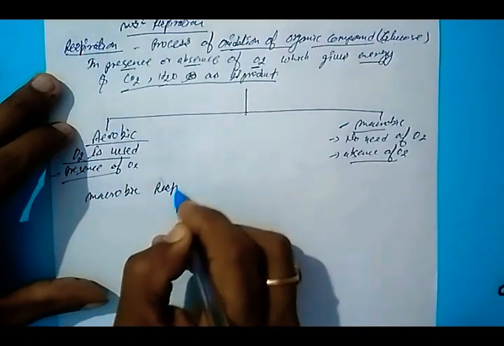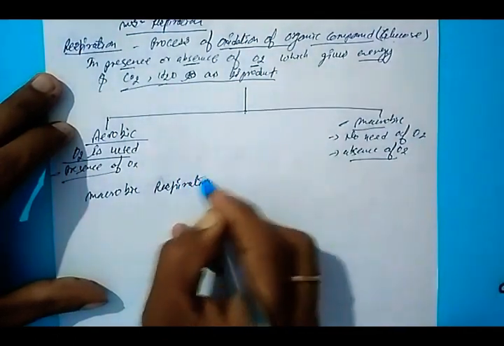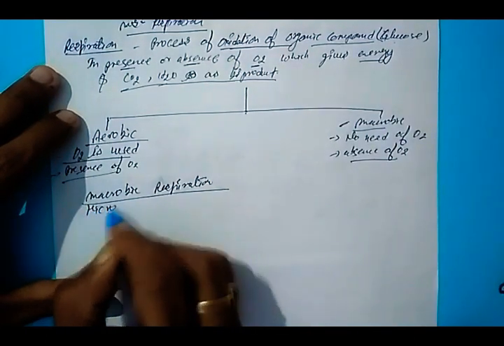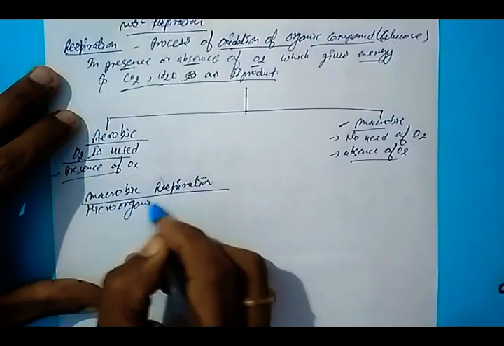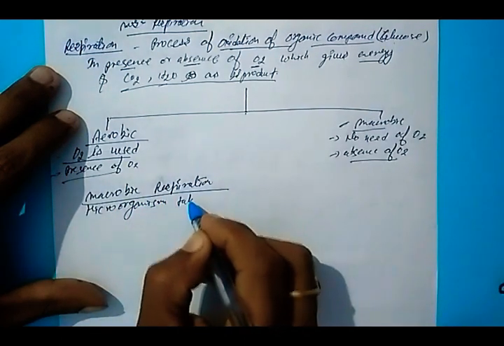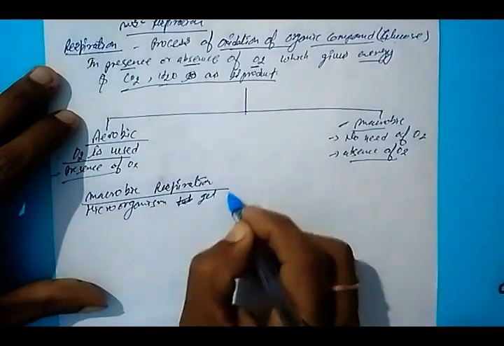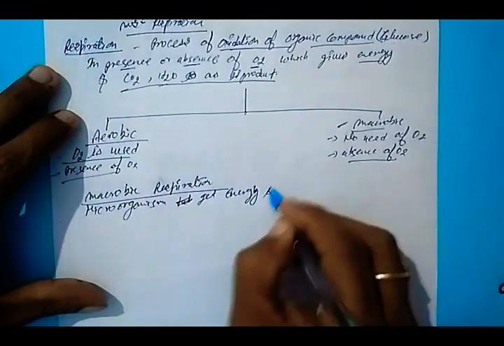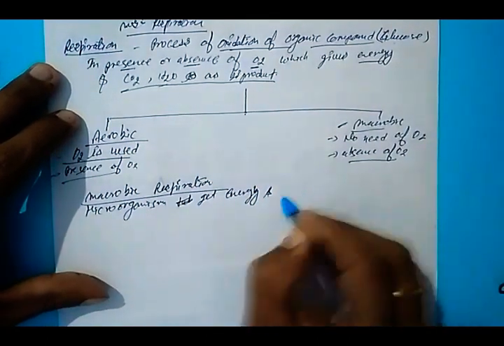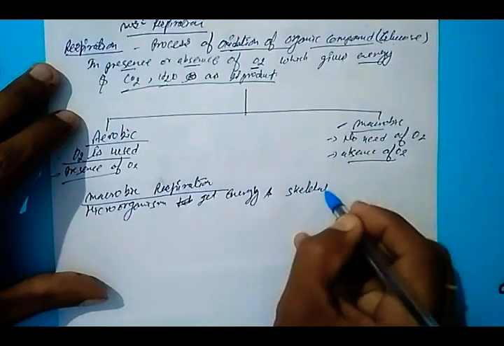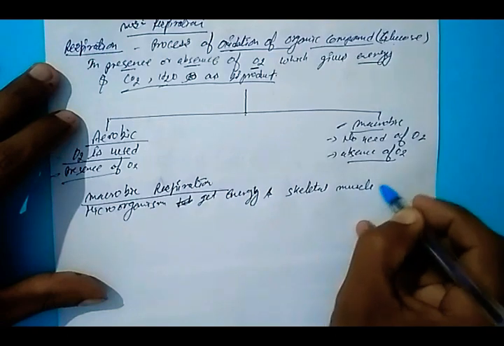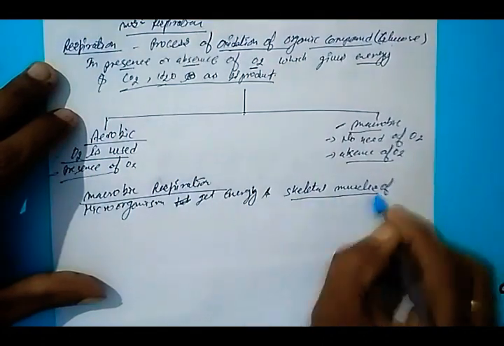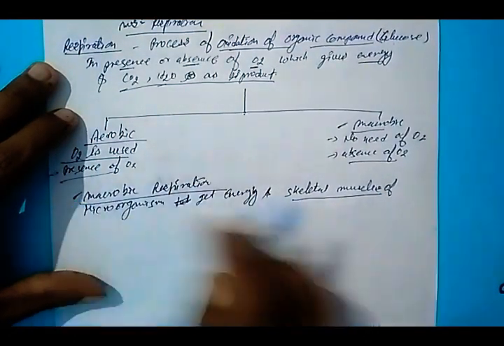Through anaerobic respiration, basically microorganisms get energy, and sometimes in emergency condition, skeletal muscles of higher animals also get energy with the help of anaerobic respiration.